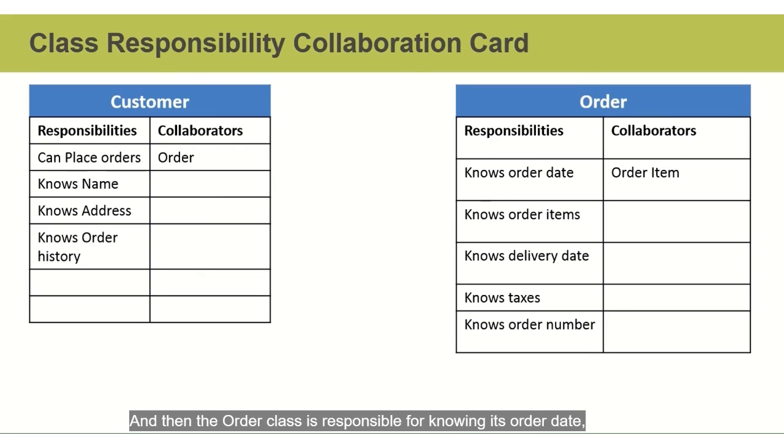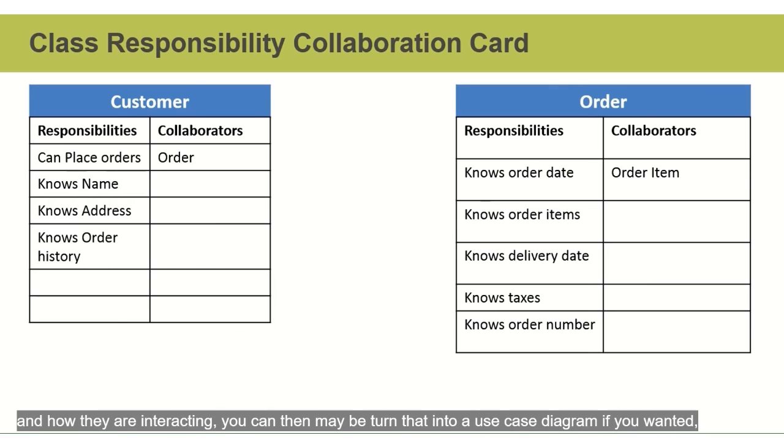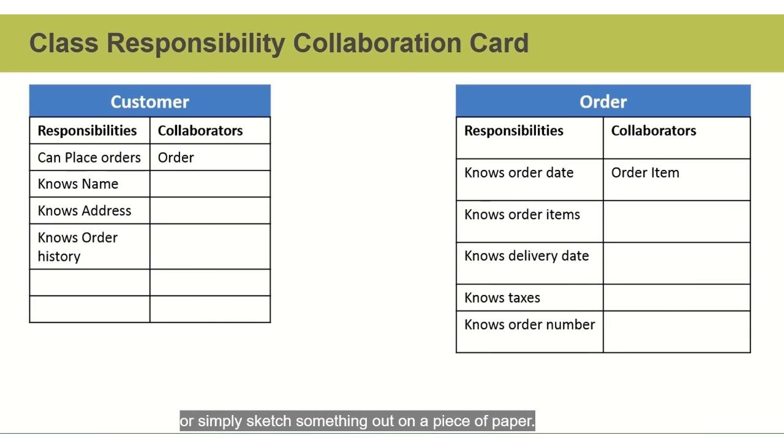Then the order class is responsible for knowing its order date, the items in the order, the delivery date, the taxes, and also the order number. And then it in turn would collaborate with order items. Once you had your cards filled out for the different objects in the system and how they were interacting, you could then maybe turn that into a use case diagram if you wanted, or simply sketch something out on a piece of paper.